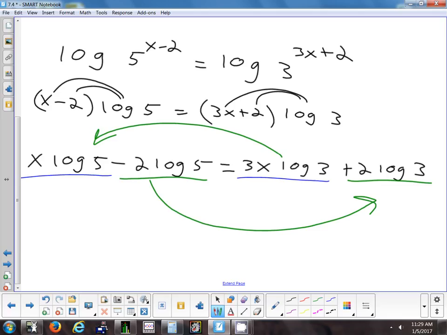Now, how would you move negative 2 log 5 to the other side? You would add it. And I'll do it here. And now, how would you move 3x log 3 to the left? Subtract it.